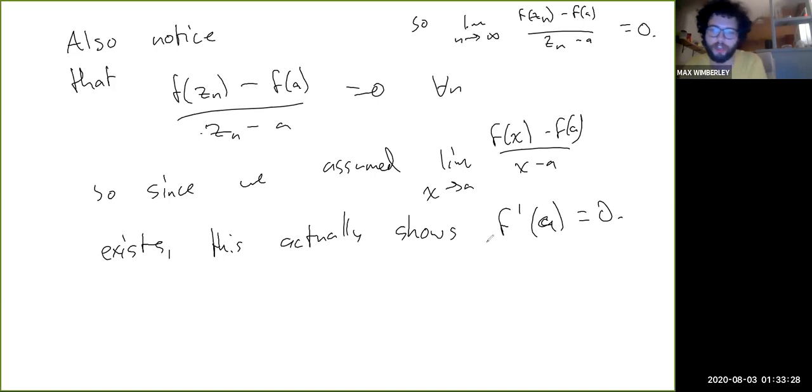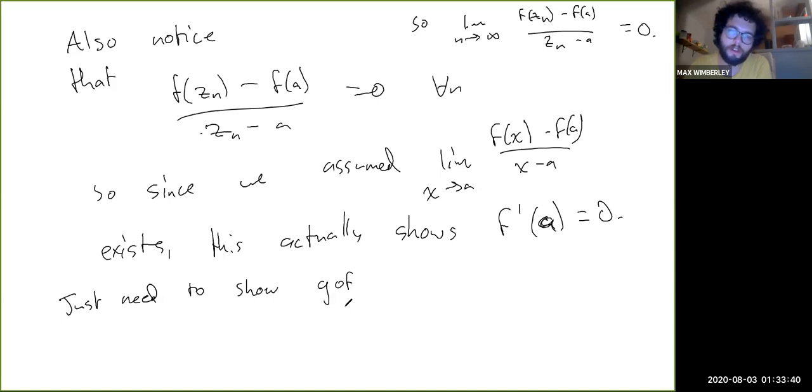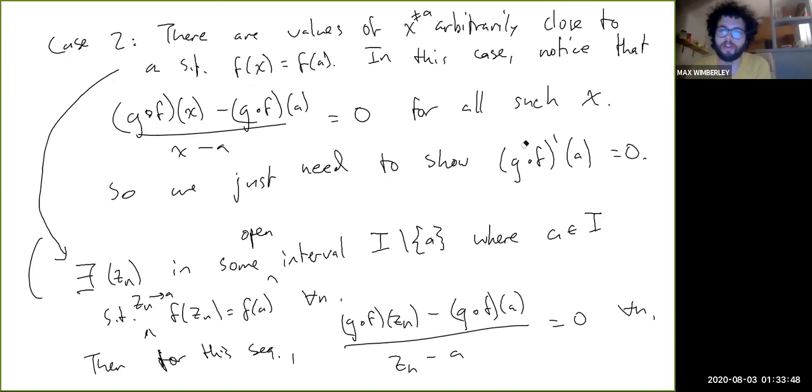So we've actually shown that f prime of a is 0, and we just need to show that g compose f prime of a is 0, right?